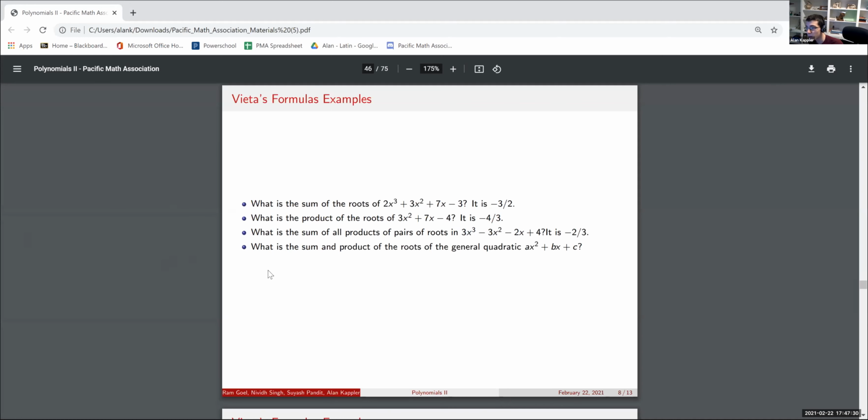What is the sum of and product of the roots in the general quadratic ax squared plus bx plus c? Just say it in terms of a, b, and c.